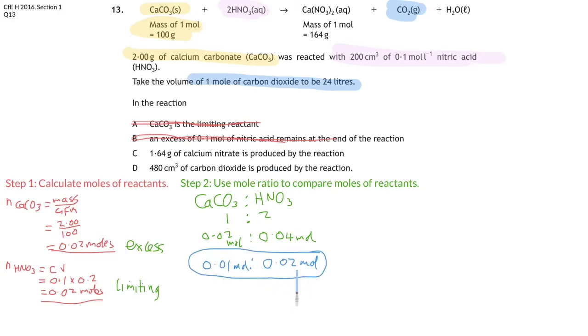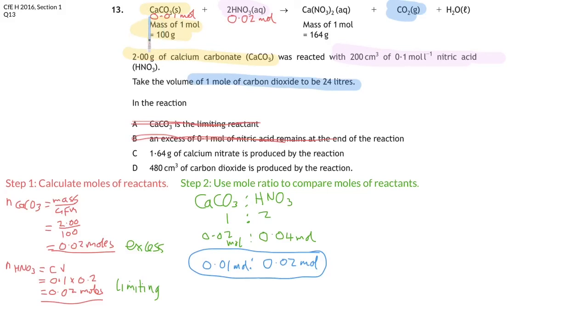Using the nitric acid moles I've just worked out, and the mole ratio, 0.01 moles of calcium carbonate should react. So I'm going to pop these up beside the balanced equation. We have a mole ratio of 1 to 2, and we've seen that 0.02 moles will react with 0.01 moles of the calcium carbonate, and there'll be excess calcium carbonate left over.